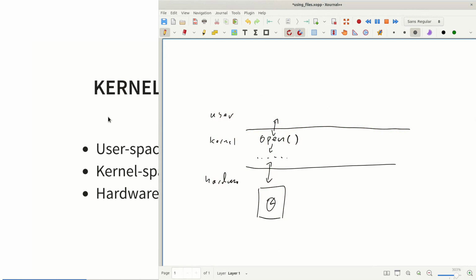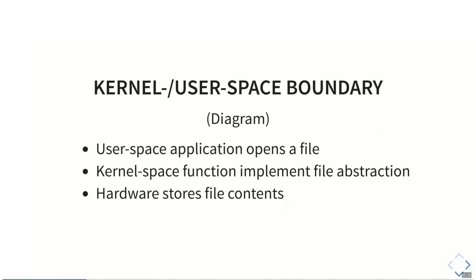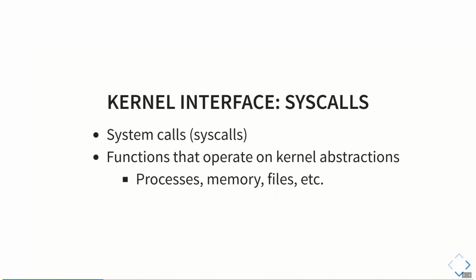So this is just the layer opened up a little bit. Each of these syscalls is defined in the kernel, and there's a special wrapper in a C library to make the transition between user mode and kernel mode. As I pointed out already, these system calls will operate on the kernel abstractions: processes, memory, files.